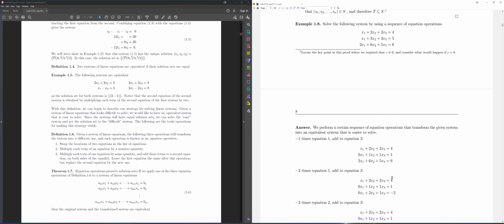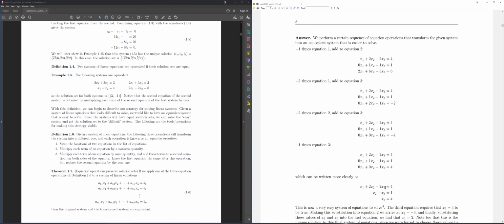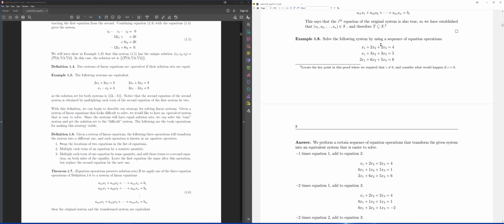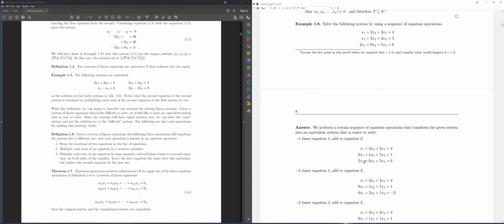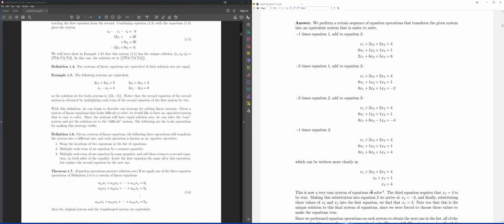So you keep transforming in a systematic way until you get something that has the same solutions, but is now easier to solve. That is the point of this lecture: you start with the original system and systematically eliminate variables until you get something that is easier to solve.